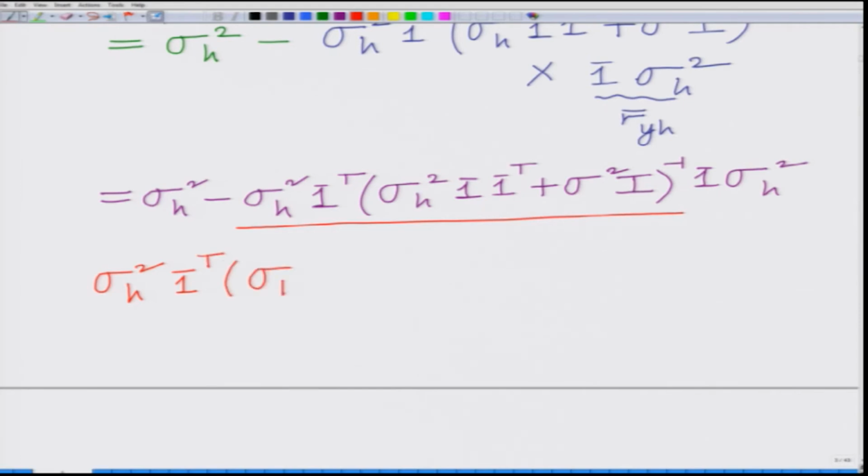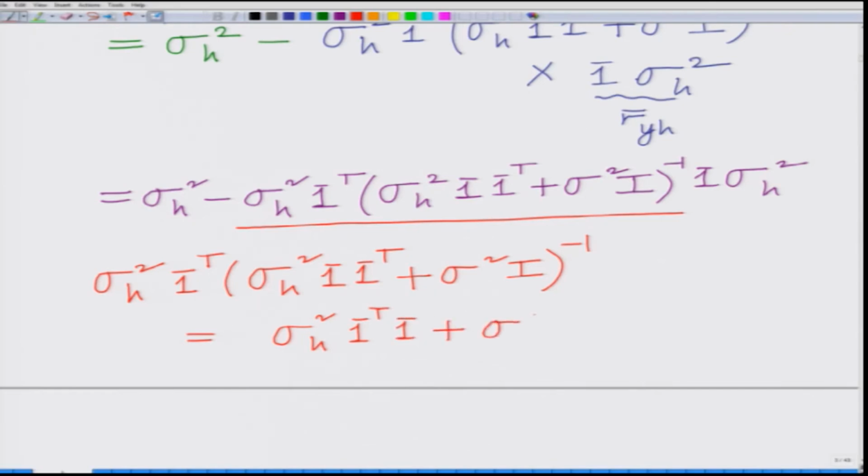We have seen that sigma_h square 1 bar transpose times (sigma_h square 1 bar 1 bar transpose plus sigma square identity) inverse is equal to (sigma_h square 1 bar transpose 1 bar plus sigma square) inverse times sigma_h square 1 bar transpose.